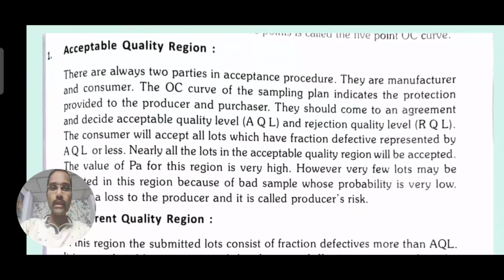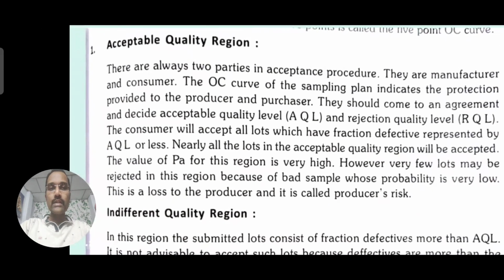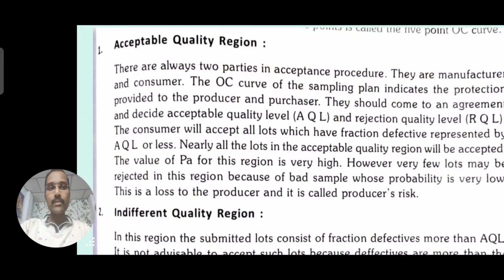Few lots get rejected in this region because of bad samples, whose probability is very low. The probability of identifying those bad samples in this case is very low. If such bad samples are identified, this creates a loss to the producer, and it is called the producer's risk.